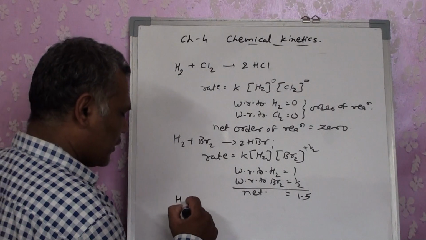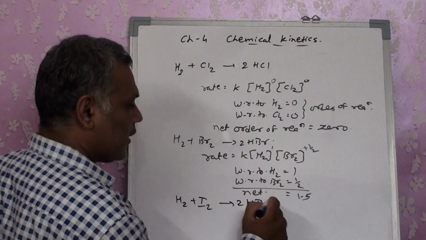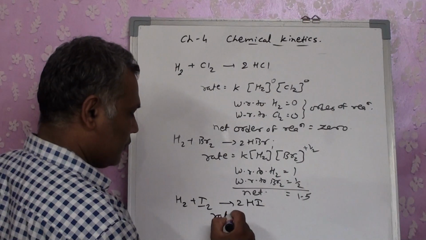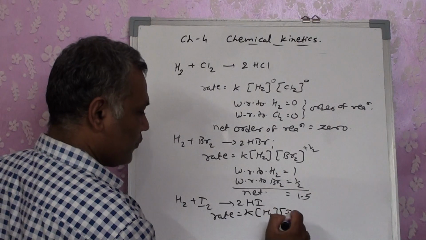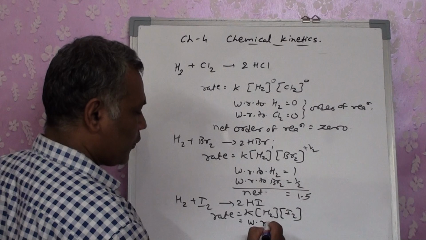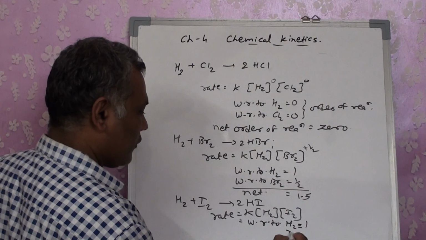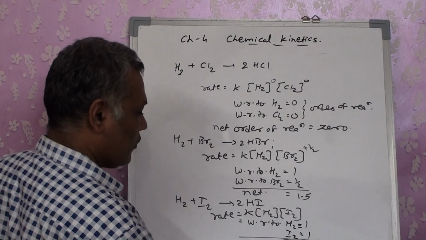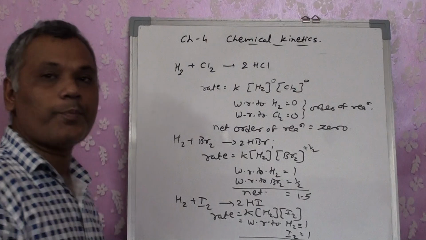Let's take one more example so that you get a very clear idea that this is an experimental value. Rate = K [H2] [I2], with respect to H2 it is 1, with respect to I2 it is 1, net 2.